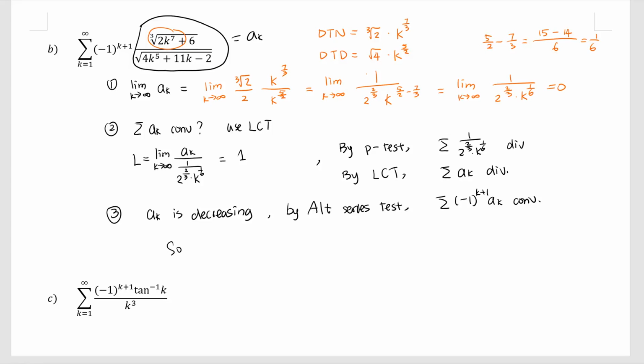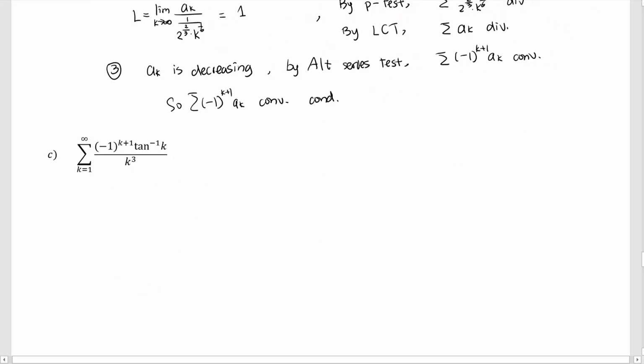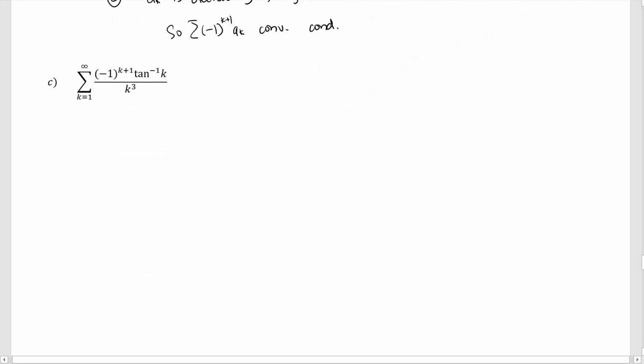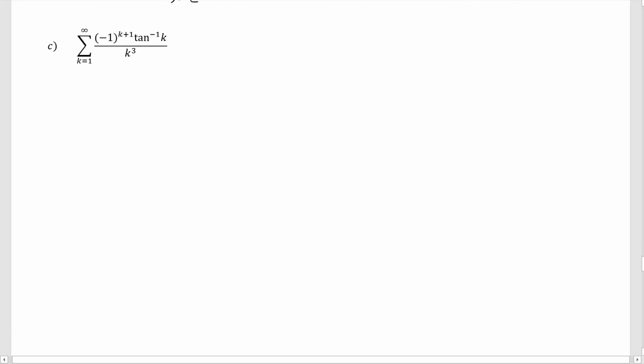So eventually you will get what? The alternating series converges conditionally. Don't forget to put the sum, okay? We mean the series converges conditionally. Alright, so that is example 3. Okay, next.